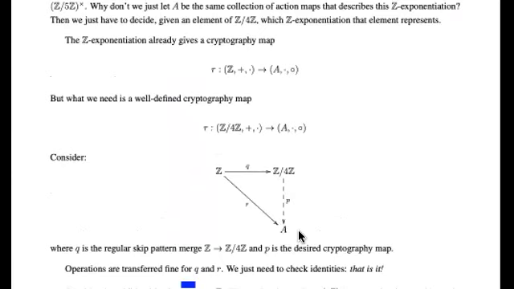Now, what about the multiplication identity up here? Is it sent to the composition identity here, which is raising to the first power?